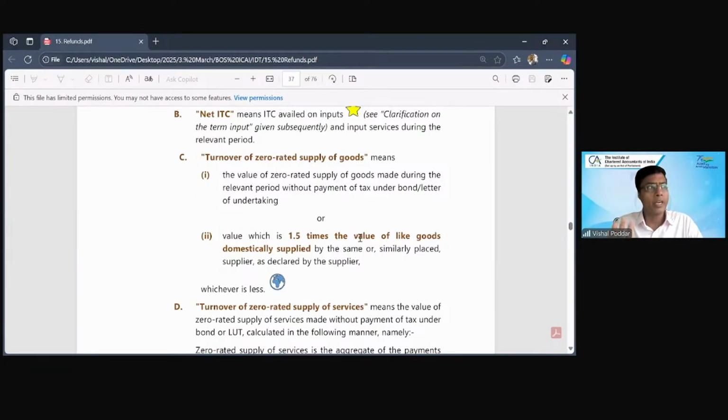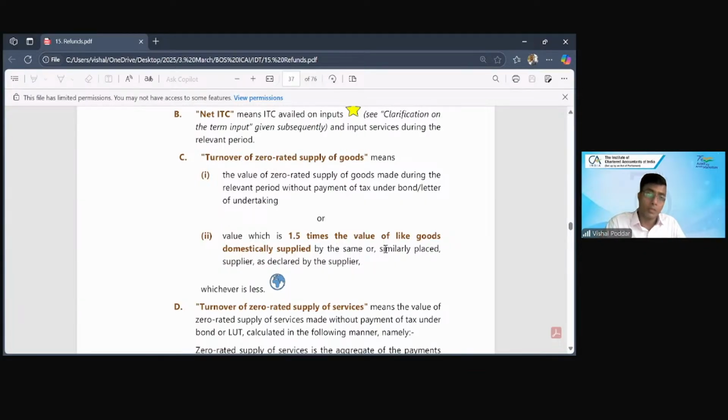So what they are trying to indirectly bring out is that in case of export, even if you are charging more price, which many times you do, because foreigners are ready to pay a higher price for certain things, because in their country the same thing is at a high price, so why will we sell for a lower price? So the maximum a businessman could be doing is charging 1.5 times the price at which he or any similarly placed supplier is selling the goods in India.